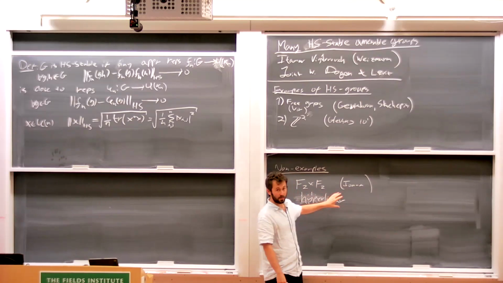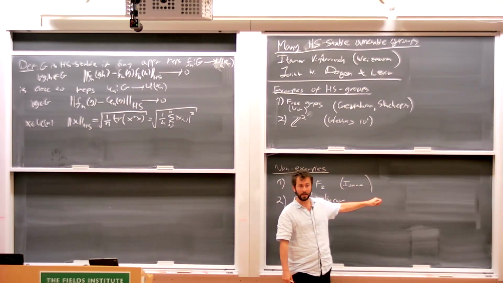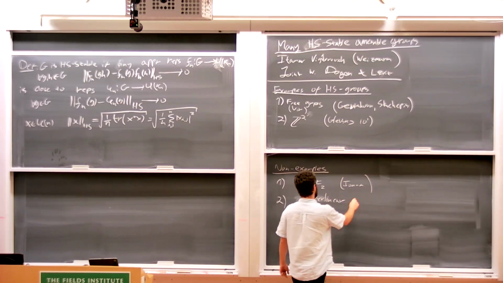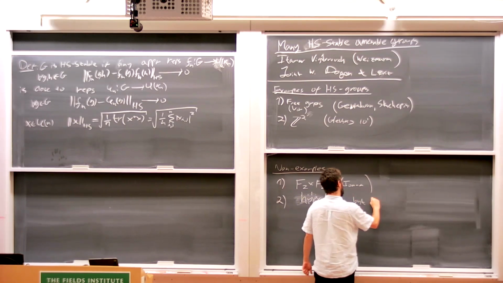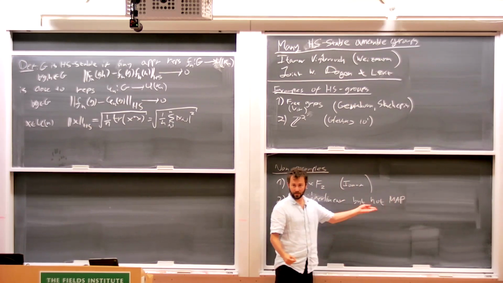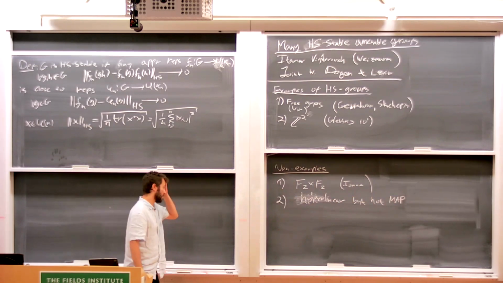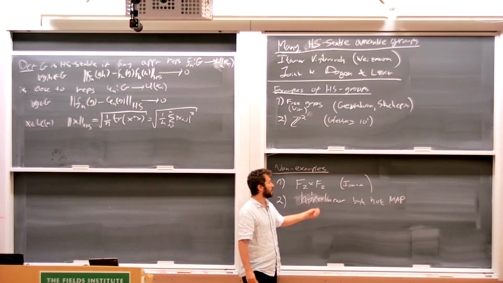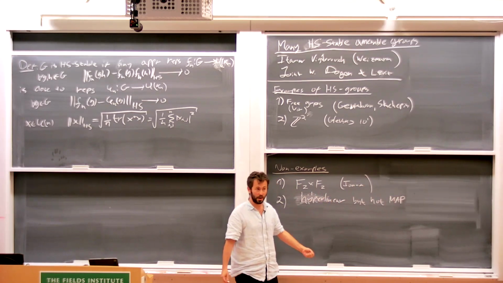So hyperlinear plus stability will imply you are maximally almost periodic. So groups that are hyperlinear but not maximally almost periodic are examples of non-stable groups. And it's actually a way to perhaps try to find a non-hyperlinear group.